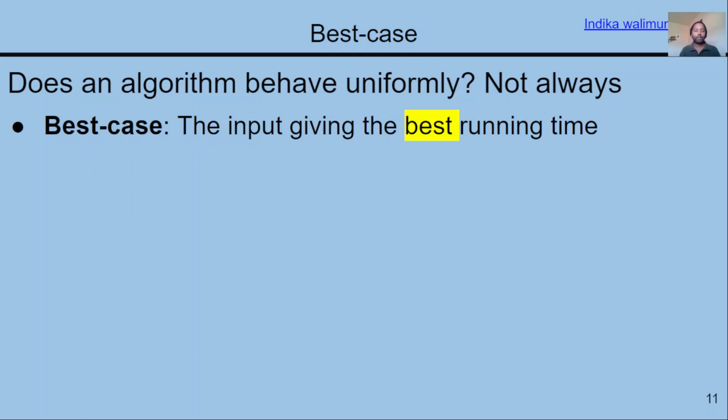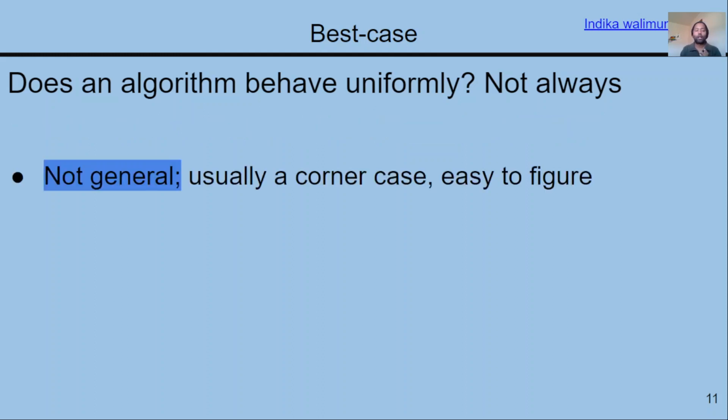So let's talk about the best case then. The best case means the input giving the best running time. It's not general, so it's less common. It's usually a corner case, but it's easy to figure out.